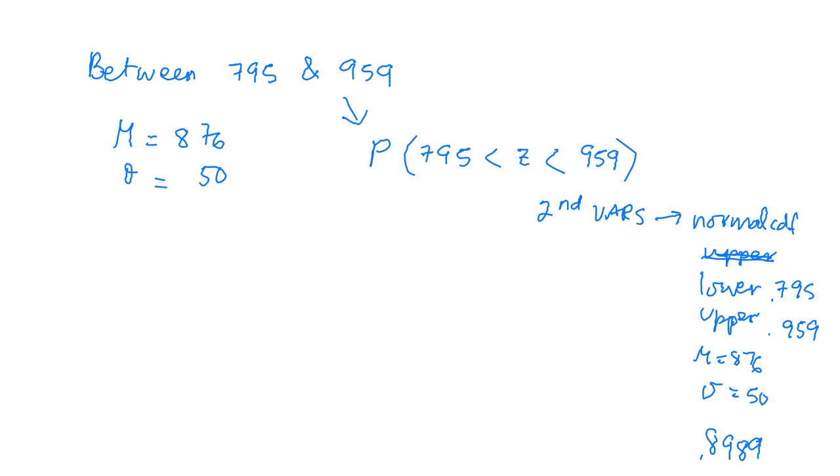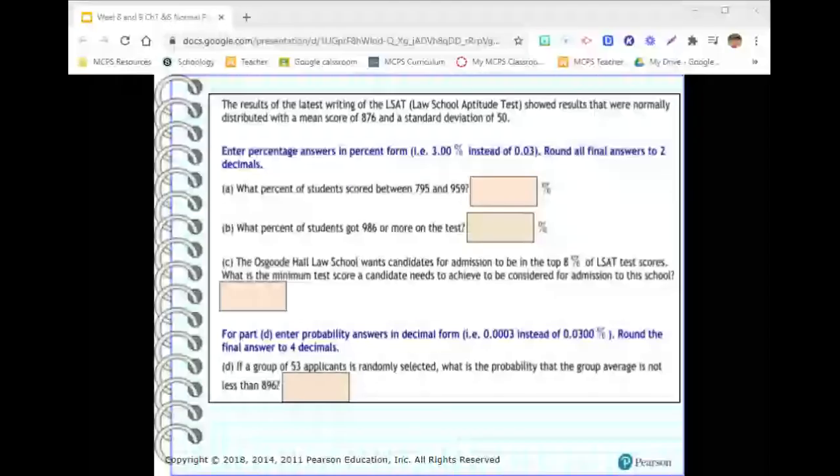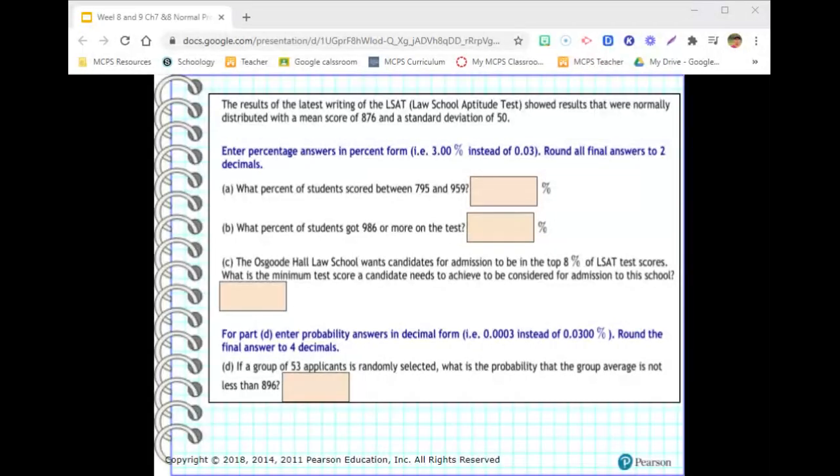Next question. We answered A, right? B: what percent of students got 986 or more on the test?